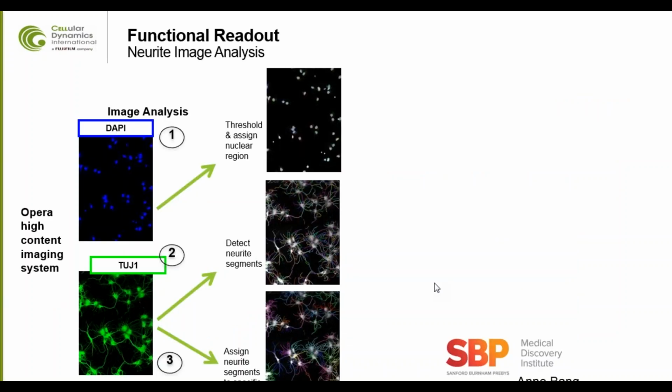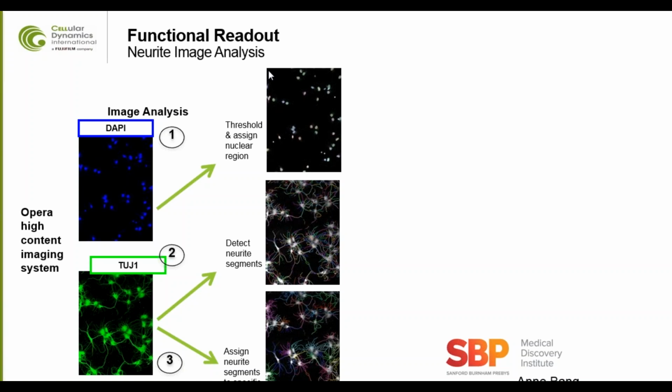First one really takes advantage of the structural, being able to interrogate the structure of the cells and look at structural toxicity, specifically here looking at neurite outgrowth. This is work that's come out of the Sanford Burnham and Bang's lab, where they use high content imaging to look at, assess, and measure and quantitate neuronal outgrowth and modification of neurites in response to compounds.